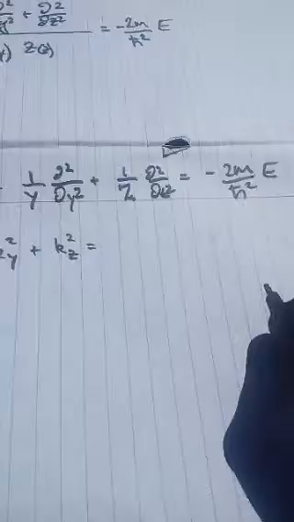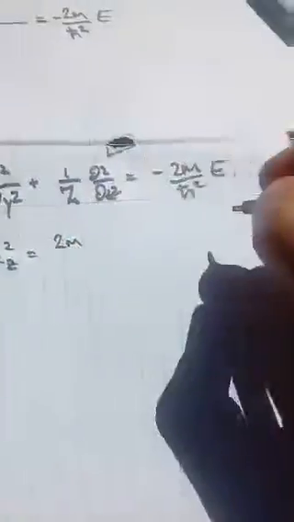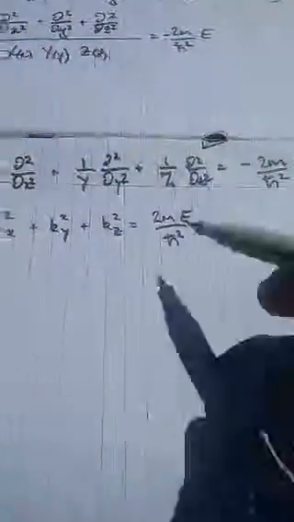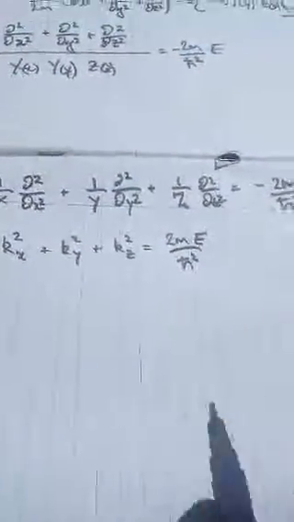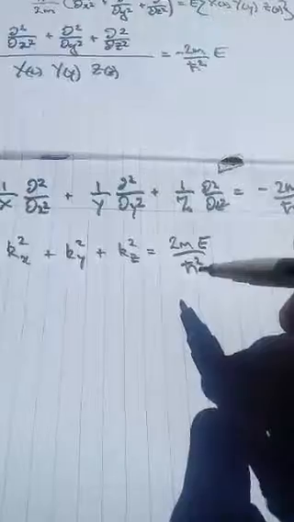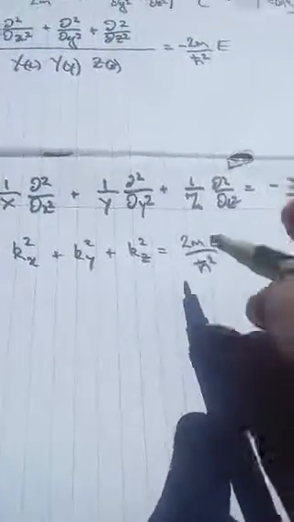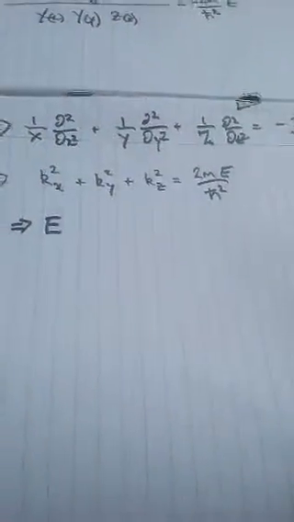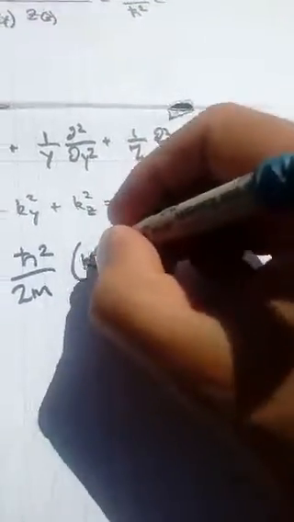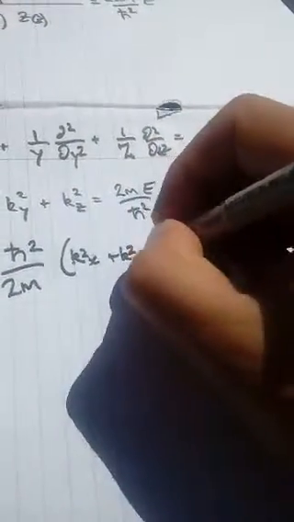Make that equal to 2mE over h bar squared. Okay, I'm just going to define it as that for now, and I'll show you why in a sec. Which implies that the energy levels of this particle in a box are going to equal h bar squared over 2m times kx squared plus ky squared plus kz squared.